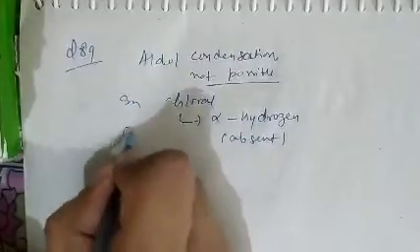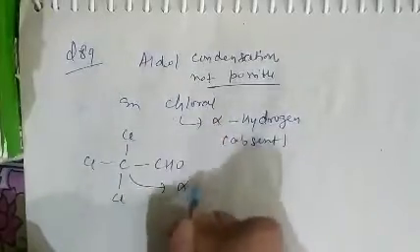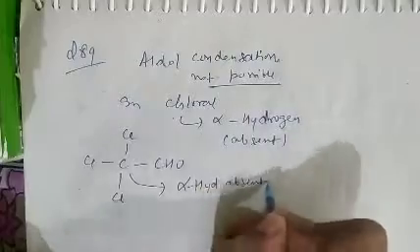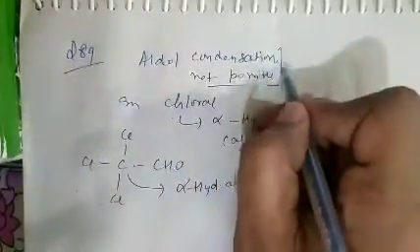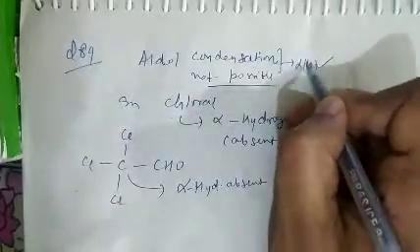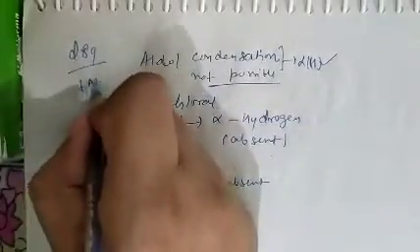As we can see, CCl3 and CHO, alpha hydrogen is absent. So it does not give aldol condensation, as aldol condensation is given by those compounds in which alpha hydrogen is present. So question number 89, option A is correct.